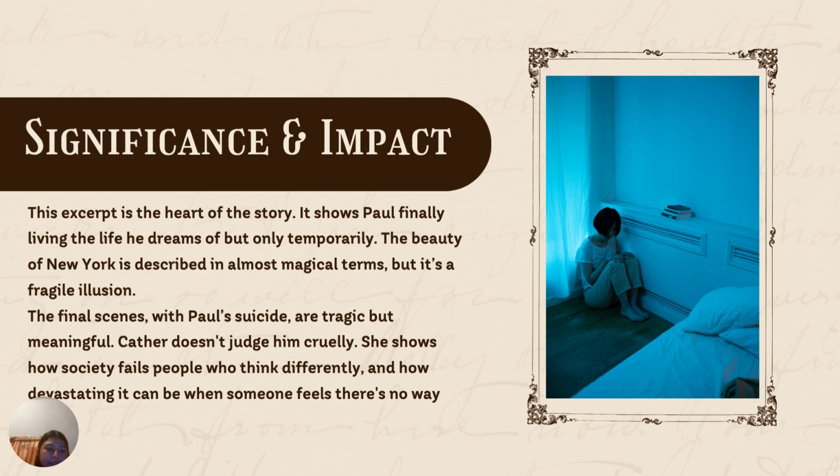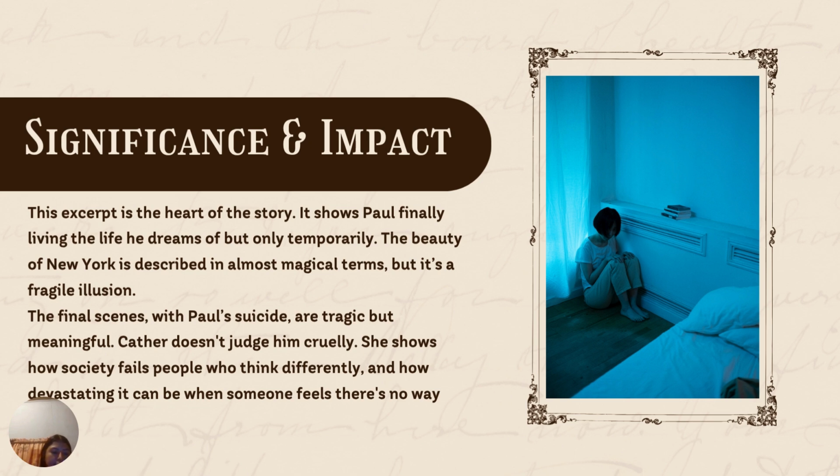Significance and impact. This is the heart of the story. It shows Paul finally living the life he dreams of, but only temporarily. The beauty of New York is described in almost magical terms, but it is a fragile illusion.